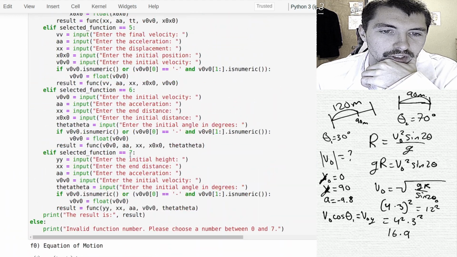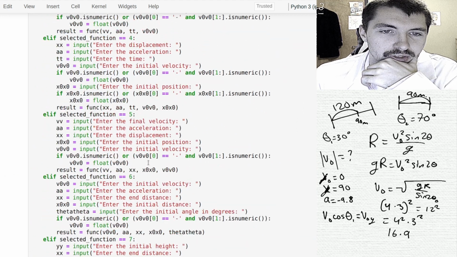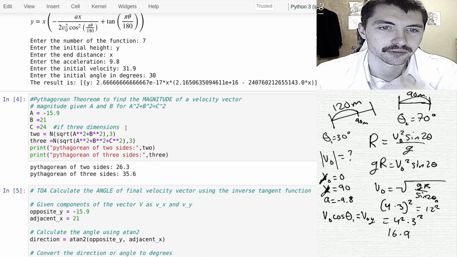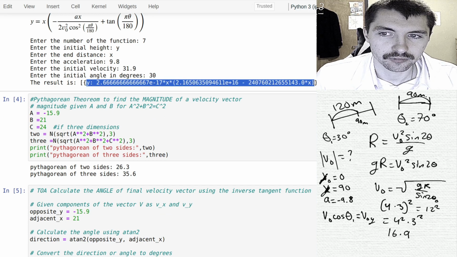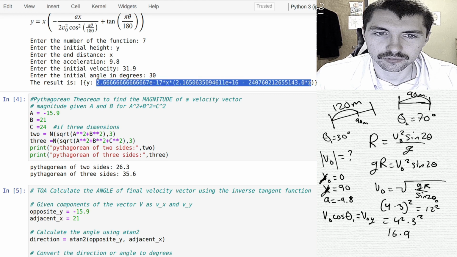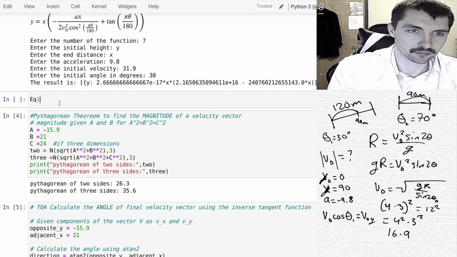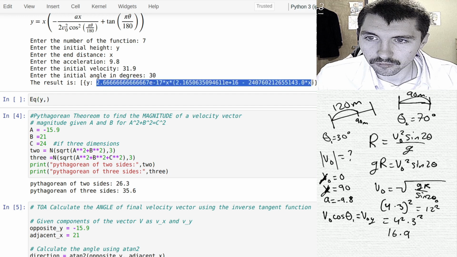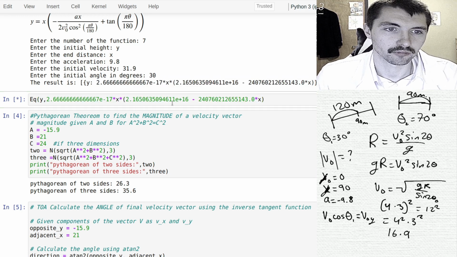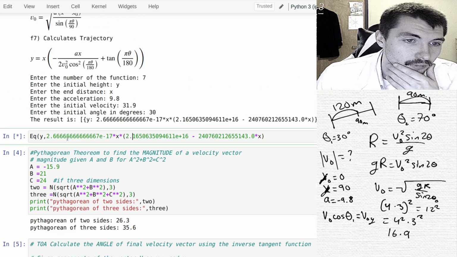What if we want to solve for y? We want to solve for y. Loading.